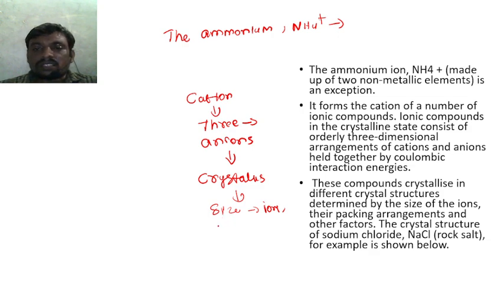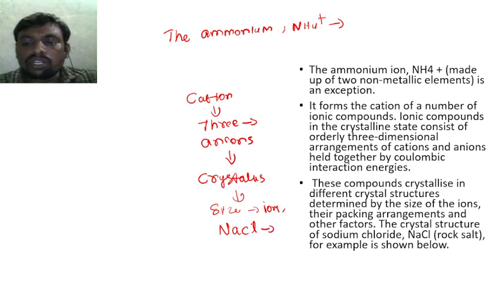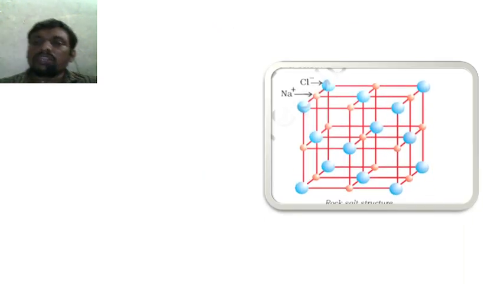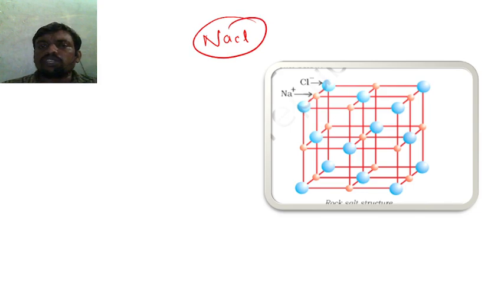The crystal structure of sodium chloride, NaCl rock salt, for example, is shown in the figure. Here you can see the sodium and chlorine ions, and in between them the bond formation.